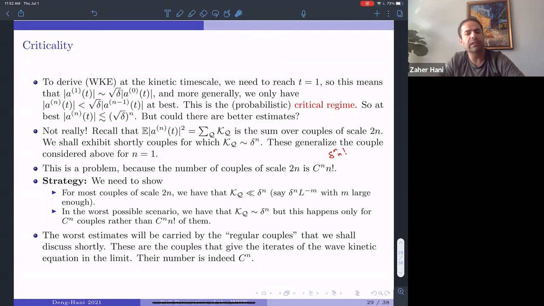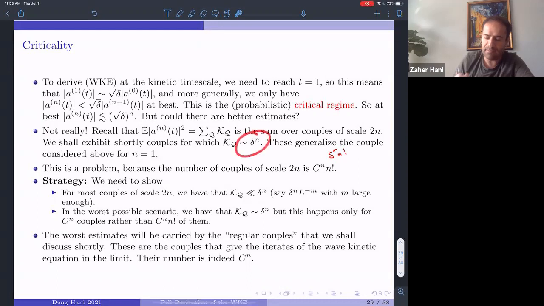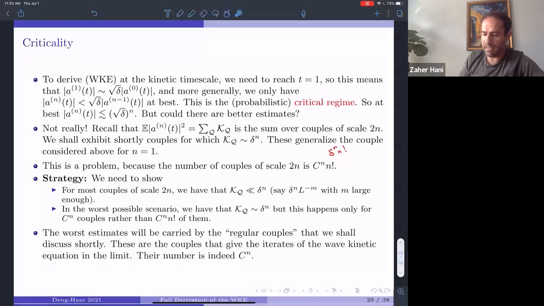So our strategy, which we also discussed briefly last time, is to show the following. To show that for most couples of scale 2n, we have much better estimates than delta to the n. Actually, we get some gain as a power of L to the minus m, where m is sufficiently large. How large will become a bit more evident on the next slide.